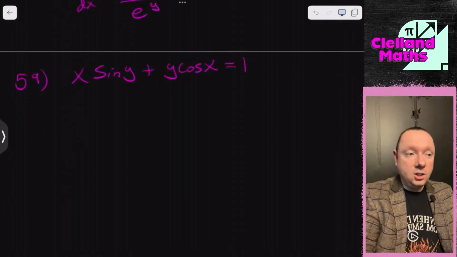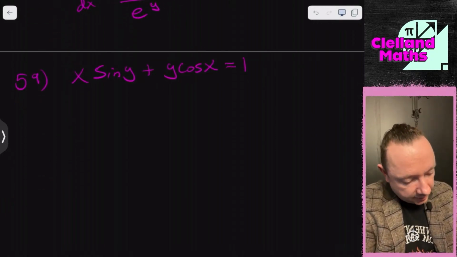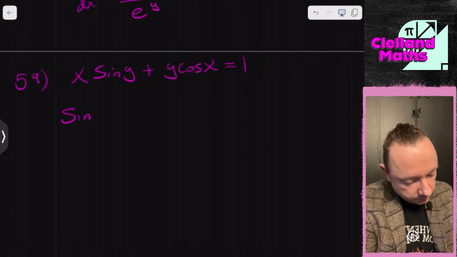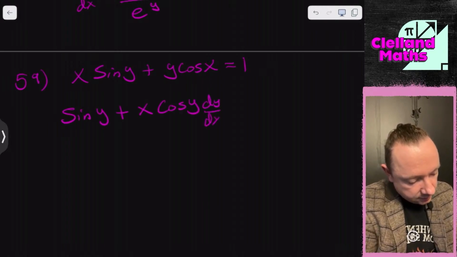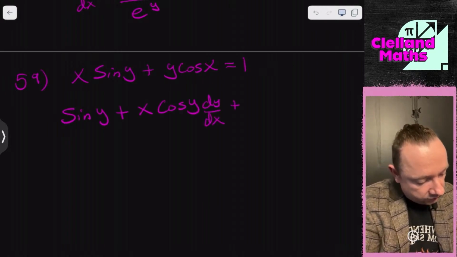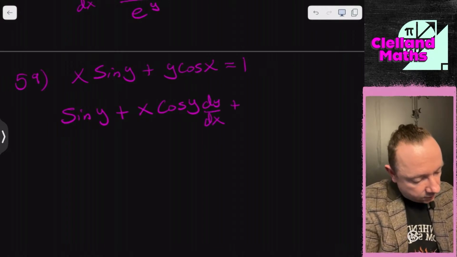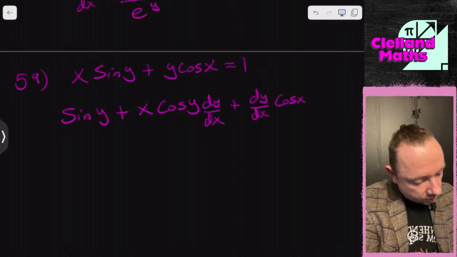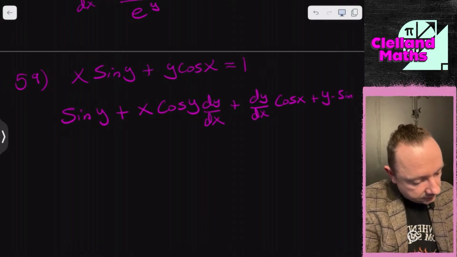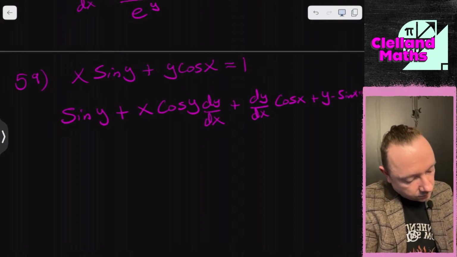So vu dash, sine y times x is 1, plus u times v dash, the dy by dx, plus, and then uv dash again, so cos x dy by dx, plus uv dash, minus sine x equals 0.